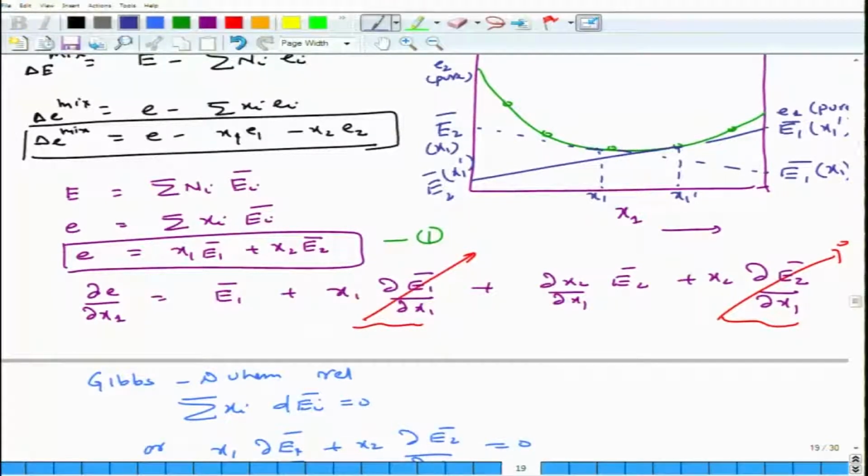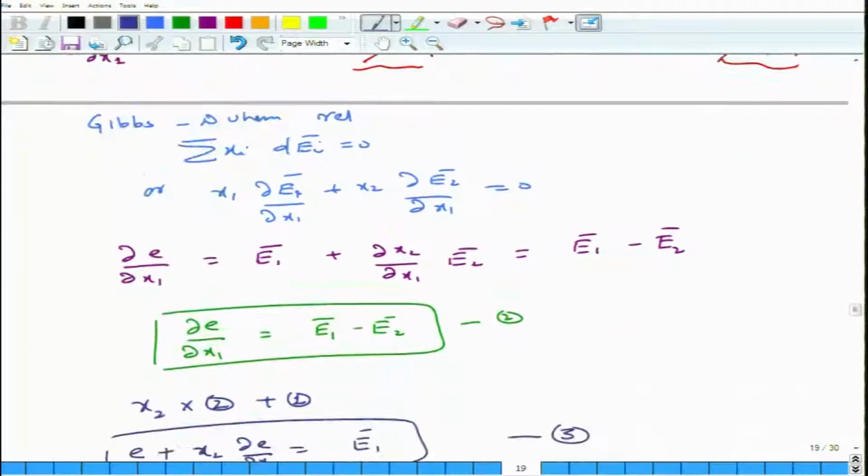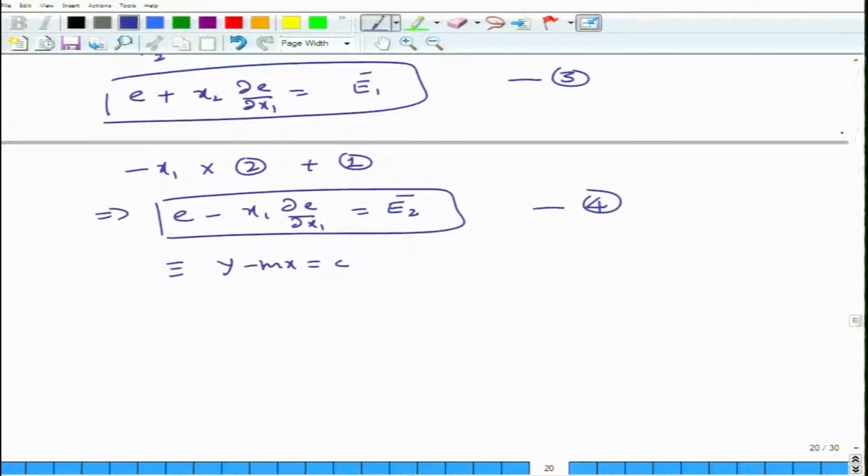Now, we will try to do some examples later, but let me just continue further from this and make some comments here. If you look at this equation and based on our analysis, E1 bar is nothing but, when you put x1 to 1, it means a pure 1.